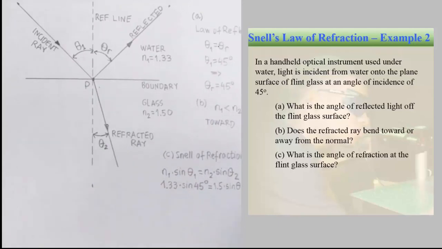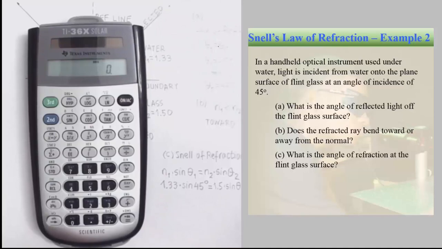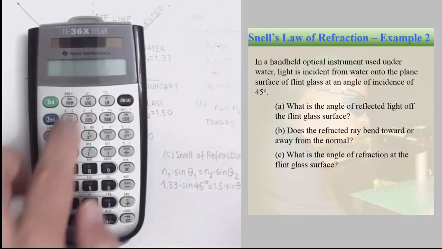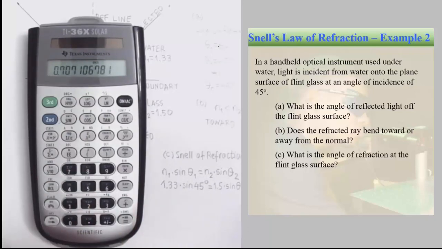So we can do this math here. We're going to use the calculator. First we want to figure out this trigonometric function. We enter sine of 45 degrees and then multiply it by 1.33 to come up with the value of 0.94. So on the left hand side of our equation we have 0.94 equal to 1.5 times sine θ2.